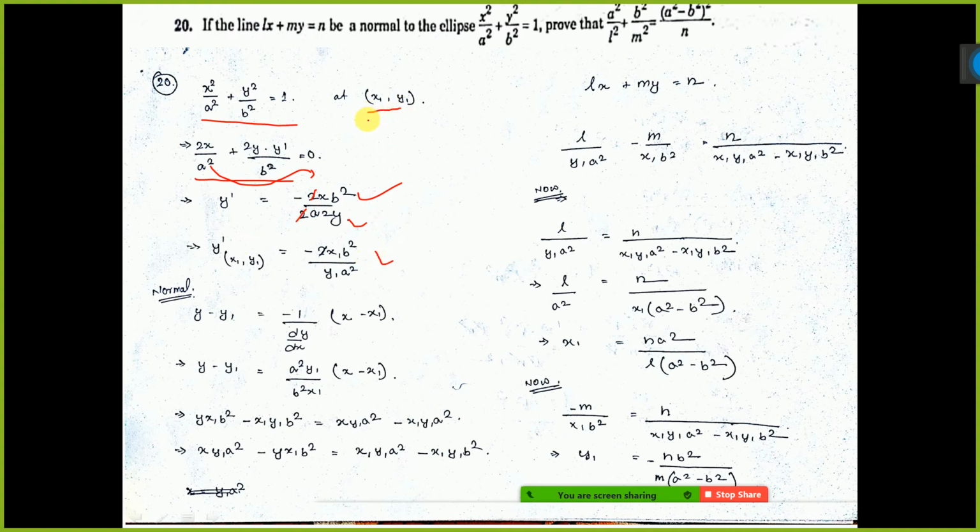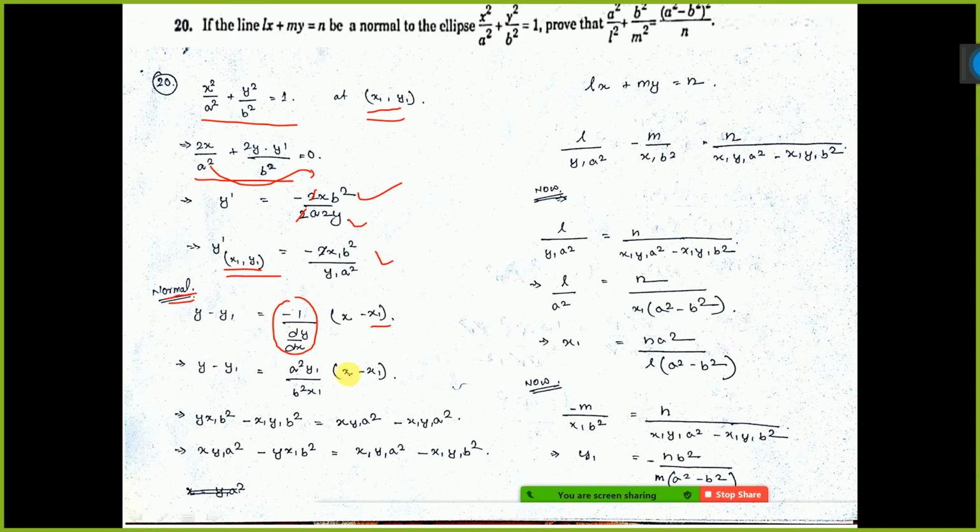Now y dash at the point x1, y1, that means you put x1 in place of x and y1 in place of y. So this is the slope of the tangent. Then slope of the normal will be minus 1 by dy/dx. So the normal's formula, you know, is y minus y1 equal to minus 1 by dy/dx into x minus x1.